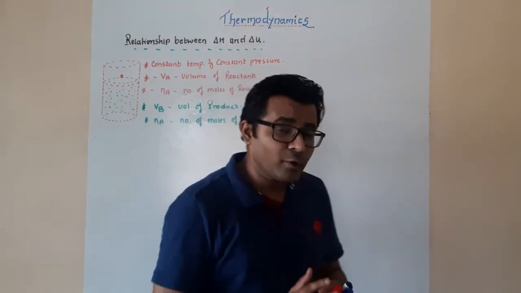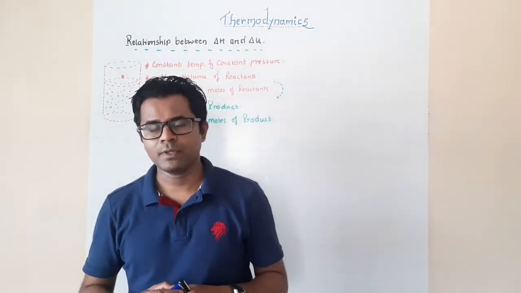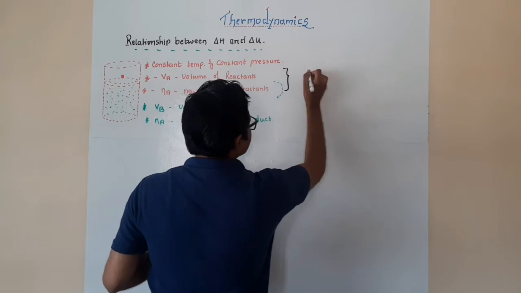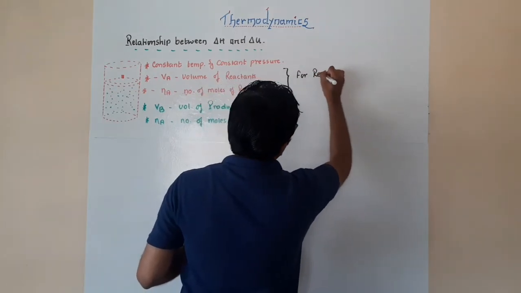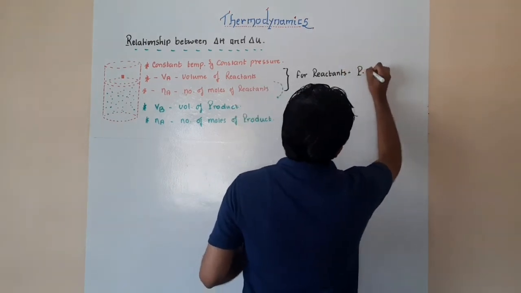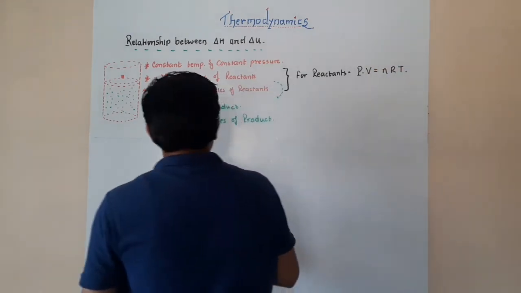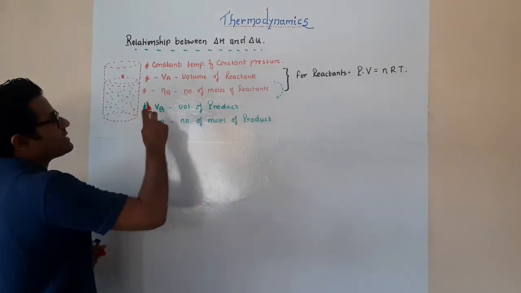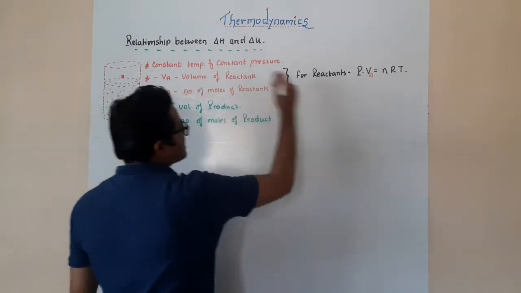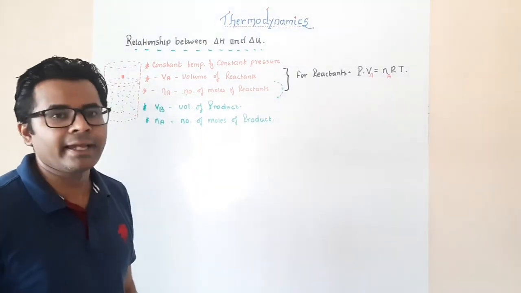Now, if we apply the ideal gas equation at this position, what is going to happen? For the reactants, we are going to have PV is equal to nRT. But here we have taken the volume of the reactants as VA, so I will write it as PVA is equal to NART, where NA is the number of moles of those particular reactants.